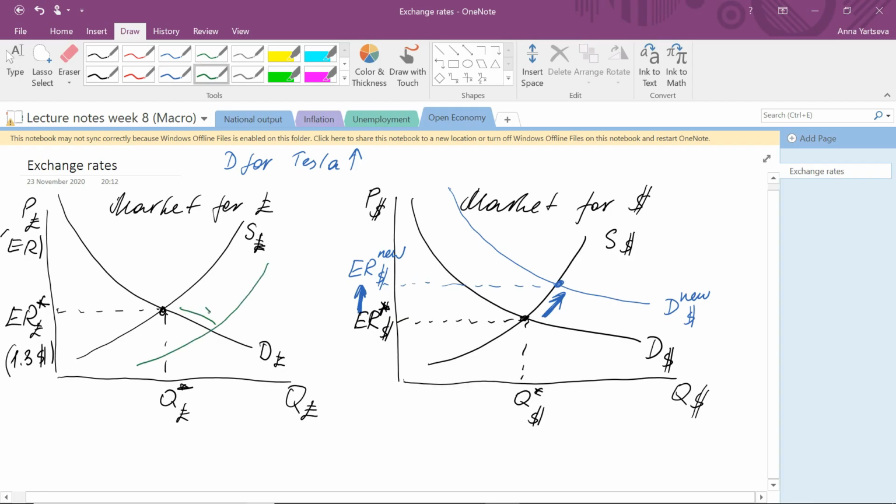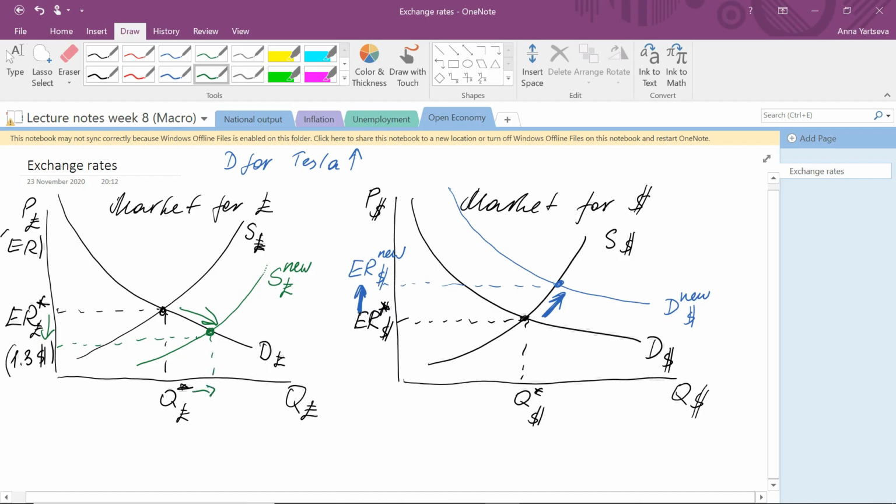At the same time, the British pound will lose its value. This is because we will need to exchange our pounds into dollars, and to do so we'll need to sell our pounds. We are offering our pounds into the forex market, so supply of pounds will increase. We want to get rid of our pounds, we want to exchange them into dollars, and as a result equilibrium in the market for pounds will also change, which will lead to pressure on the exchange rate.